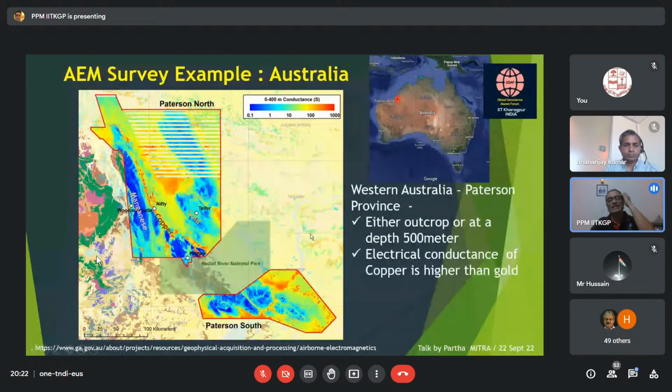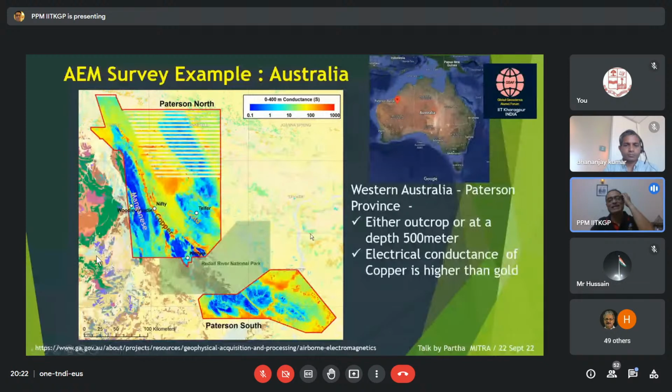Now, to be very honest, I'm not an area expert of this, because I took an example of AEM since many of you are probably interested in gold mapping. I'm a person from seismic and have some idea about gravity and magnetics, because that's part and parcel of our job. But AEM, I have very little experience, so I was fairly surprised to see.